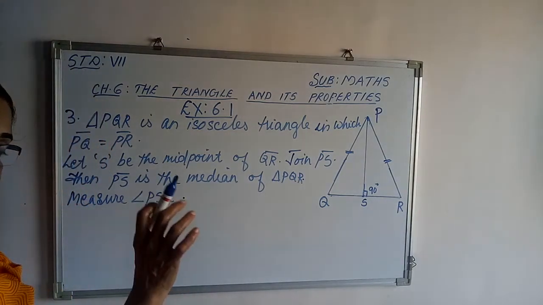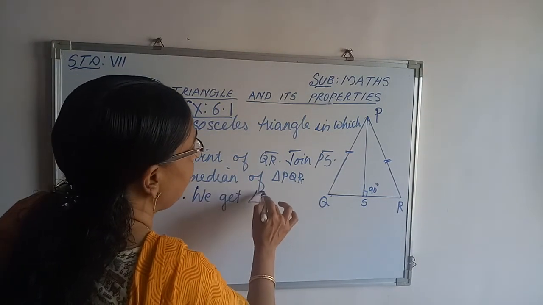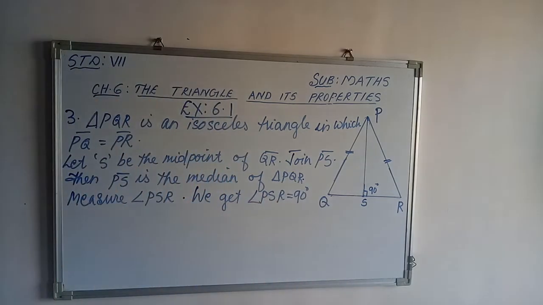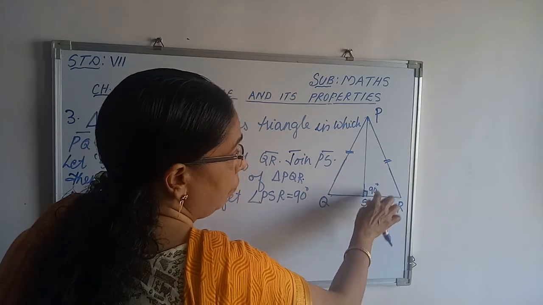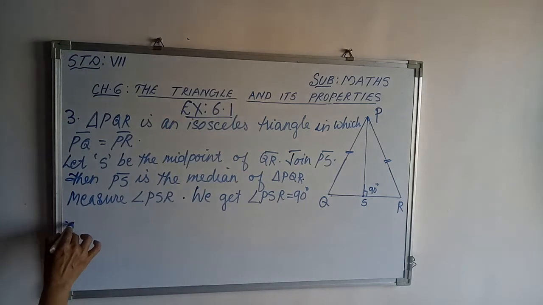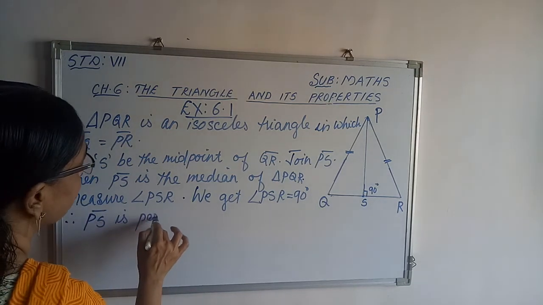When you measure it, we get angle PSR as 90 degrees. Therefore, if angle PSR is equal to 90 degrees, we can say that PS is perpendicular to QR.